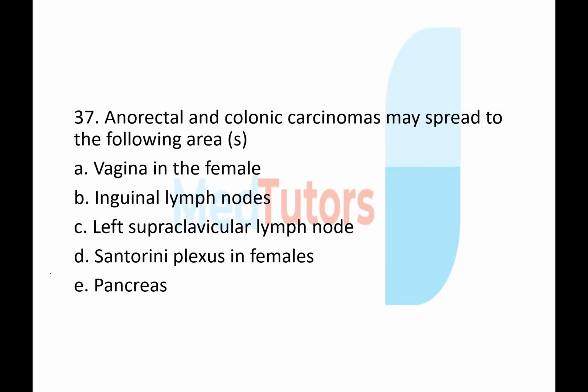Anorectal and colonic carcinoma could spread to the following areas. A, vagina in females, correct. B, inguinal lymph nodes. Anal cancers can spread to the inguinal lymph nodes, but not colonic cancer, because the part below the dentate line is drained by the inguinal group of lymph nodes.